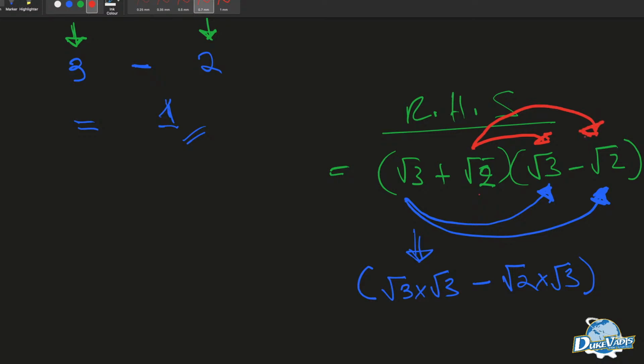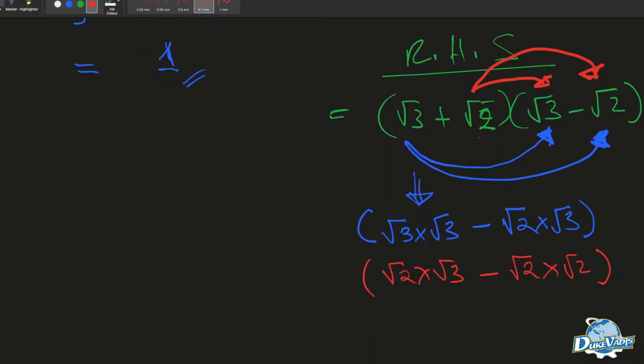You see? So now let's see. With that, we are going to get root 2 times root 3 minus root 2 times root 2. Okay, now this expression, as it is, they are together.